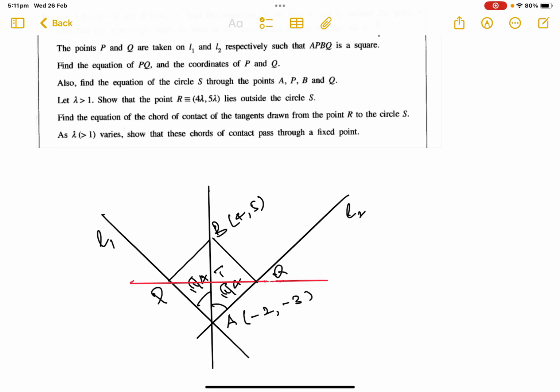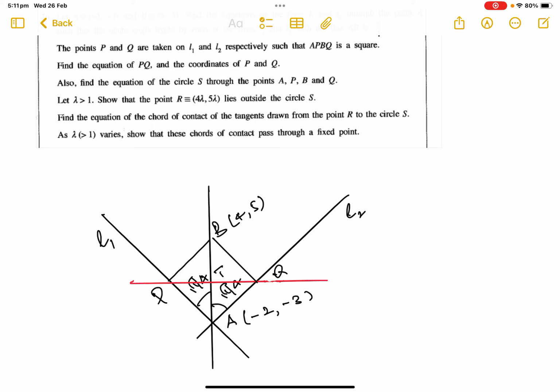So the points P and Q are such that the quadrangle APBQ is a square. Right. So we know those 2 points A and B. Therefore, if we draw PQ, we need to find its equation.